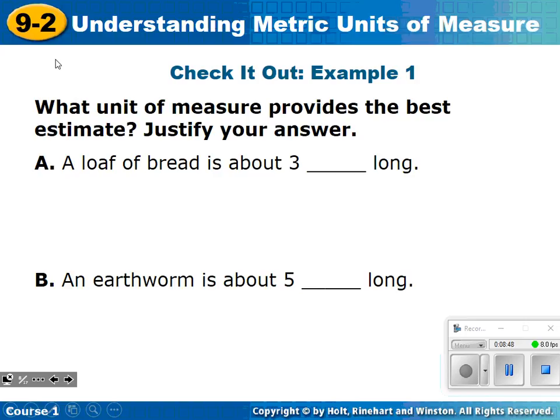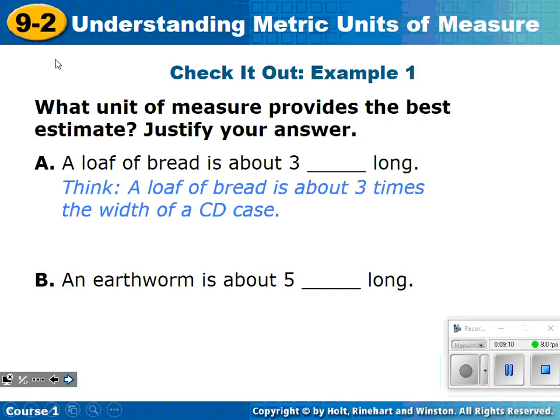That's like a pretty baby earthworm. Centimeters maybe, huh? From there to there. We're not talking like night crawlers, okay? So probably from there to there, right? So we're going to say centimeters.